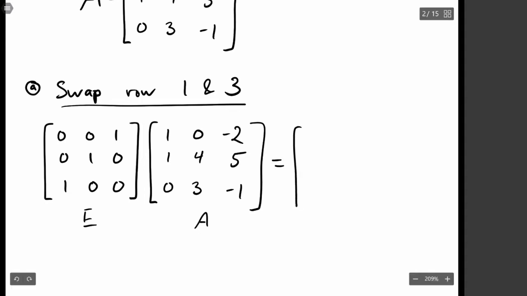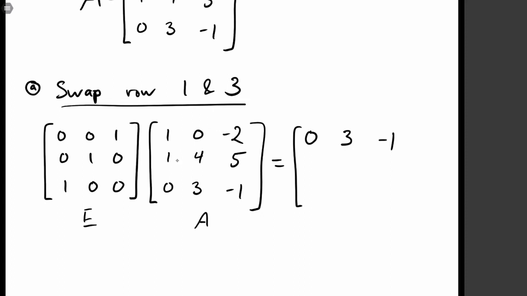So here, we got 0 times 1 plus 0 times 1 plus 1 times 0, so that gives us 0. Here we have 0 times 0 plus 0 times 4 plus 1 times 3, so that's going to be 3. And here we have 0 times negative 2 plus 0 times 5 plus 1 times minus 1. That's minus 1. Let's move to the next row.